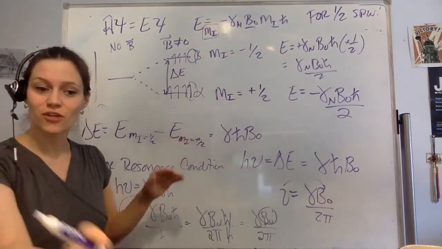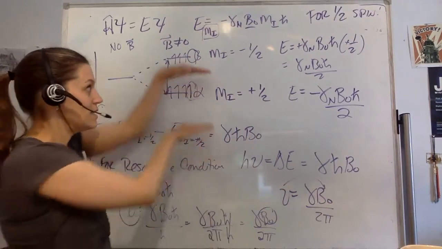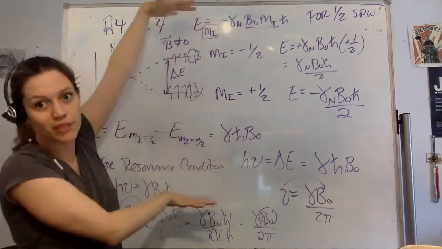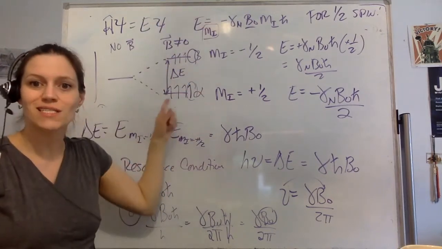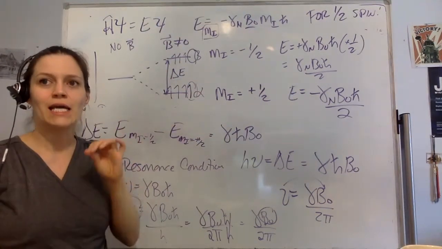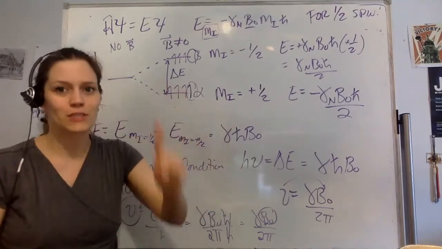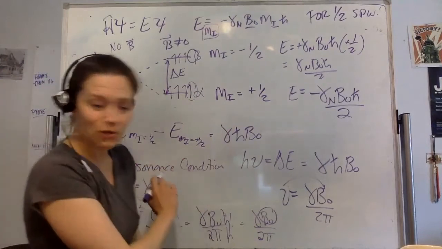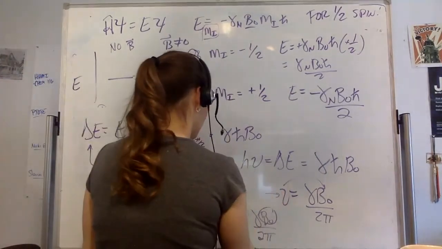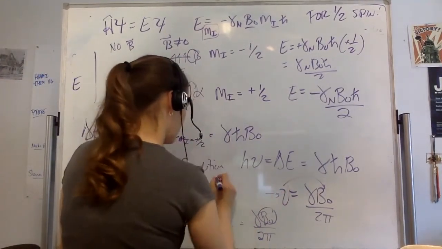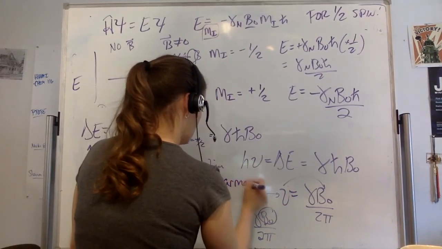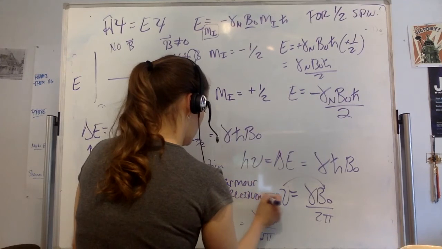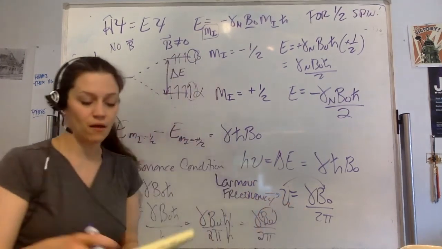So depending on the strength of the magnetic field, little magnetic field, little frequency, big magnetic field, big frequency. So this is not specific to nuclei, it's specific to nuclei in particular magnetic fields. And this is called the Larmor frequency, nu sub L.